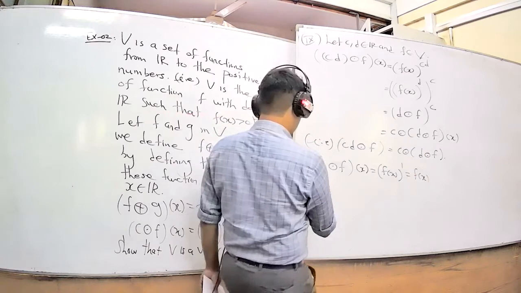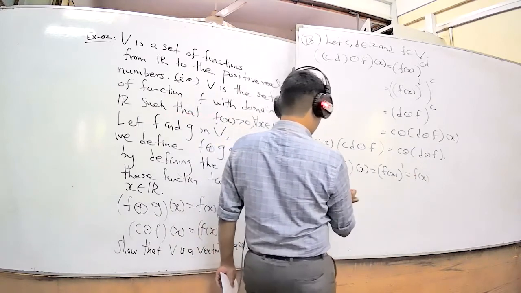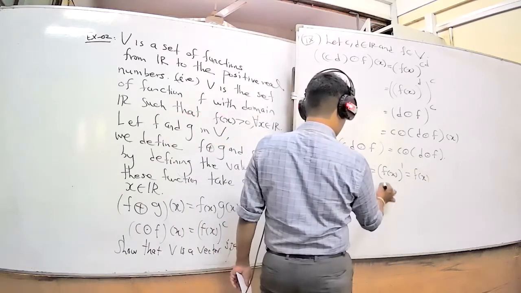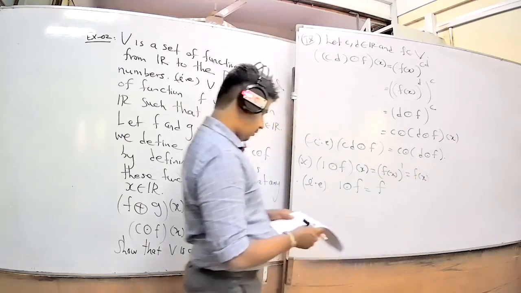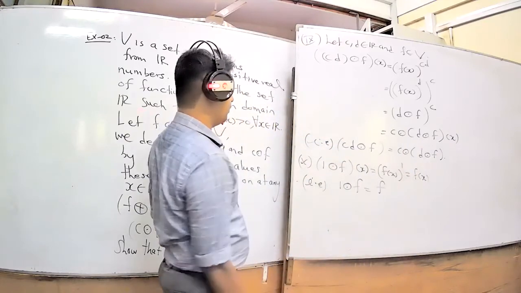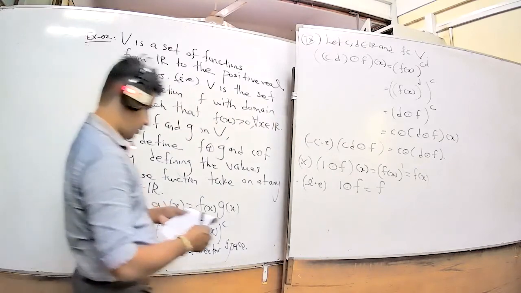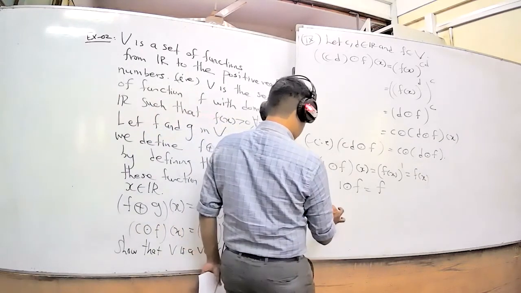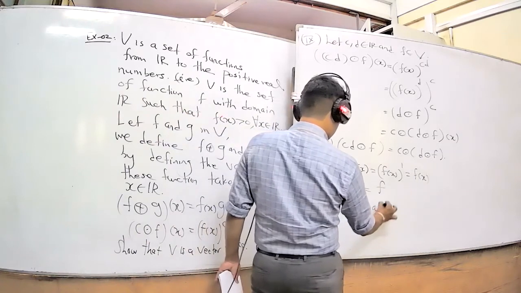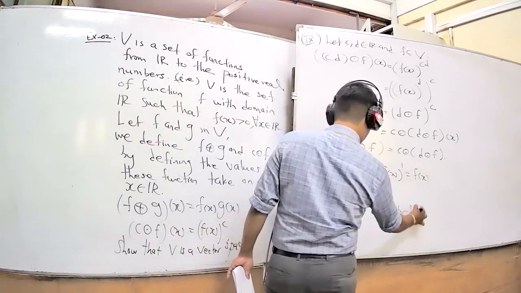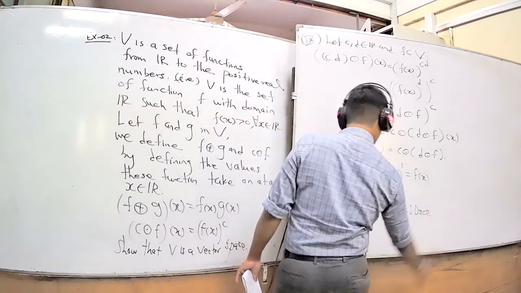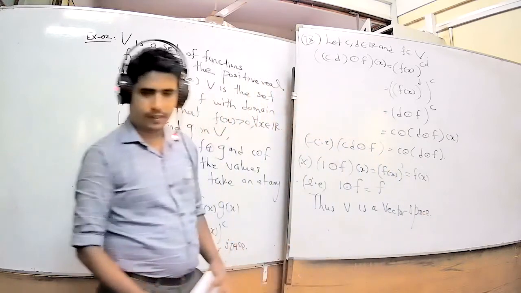Thus one scalar multiplication of f equals again f. Thus V is a vector space because all 10 axioms are satisfied in both cases. Therefore, V is a vector space.